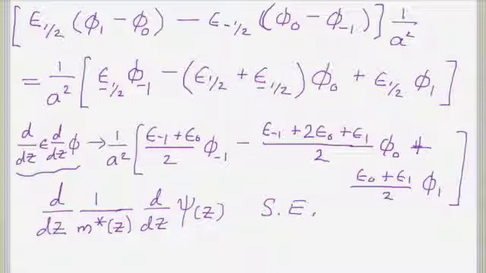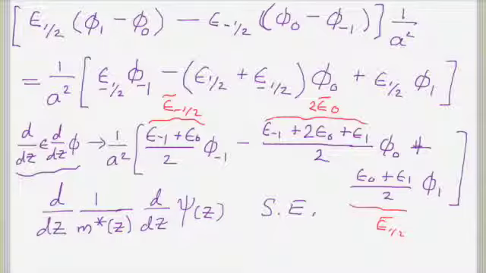I don't want to have to write out all these coefficients in my matrix, so I'm going to define these coefficients as epsilon -1/2 tilde, epsilon 0 or 2 epsilon 0 tilde, and epsilon 1/2 tilde. I'll write those coefficients like that when I write out my matrix.